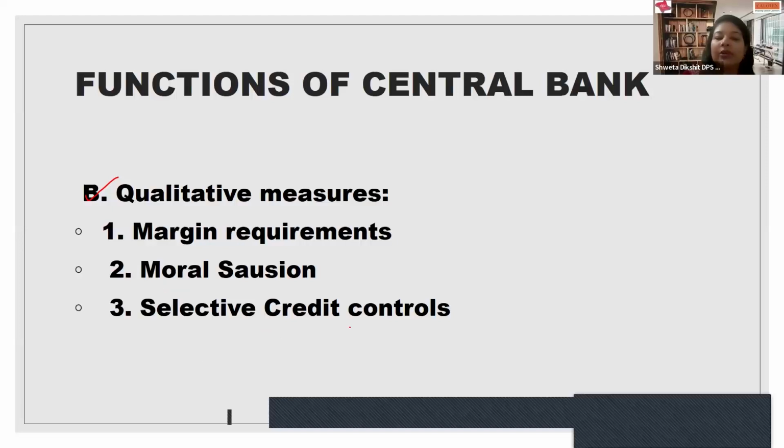Now, selective credit control. Here the RBI does not allow the commercial banks to give unproductive loans, or loans which are responsible for excess consumption. For example, personal loans, excess limits on credit cards, or loans like car loans or vehicle loans.